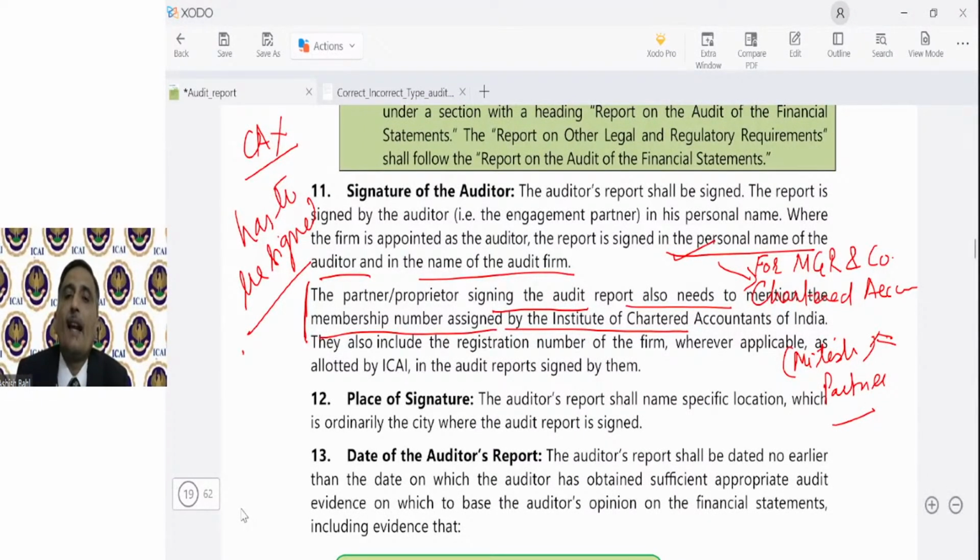And also the registration number of the firm. If you are proprietor of a firm or a partner of a firm, then there is a separate registration number allotted to every firm by ICAI. So that number has to be mentioned.